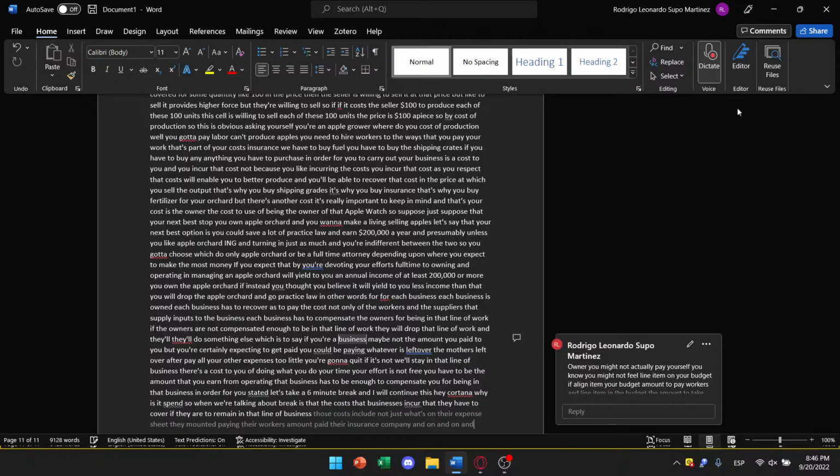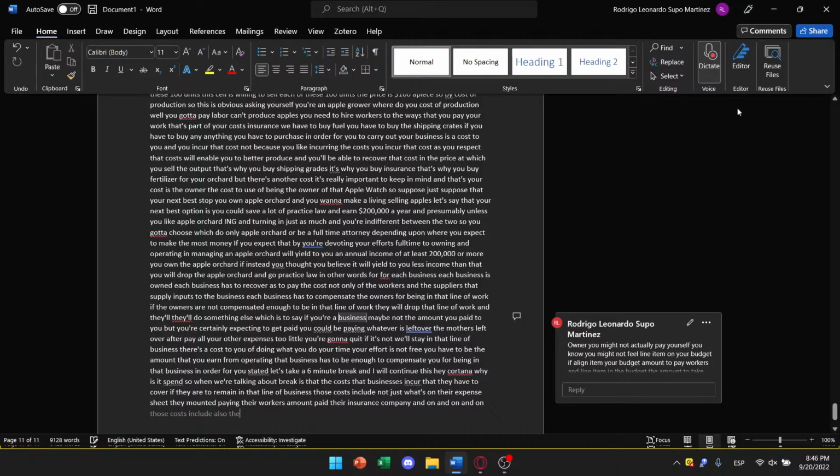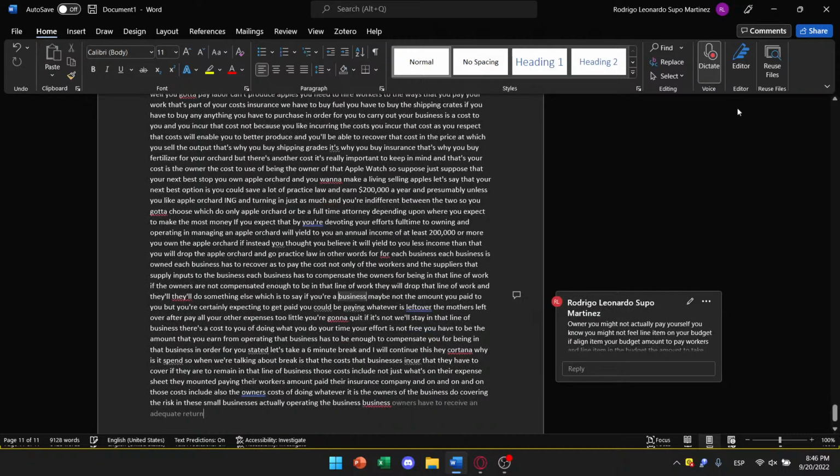Those costs include also the owner's costs of doing whatever it is the owners of the business do, incurring the risk in these small businesses of actually operating the business. Owners have to receive an adequate return in order for them to keep themselves or their assets in that business. If they don't, they quit.